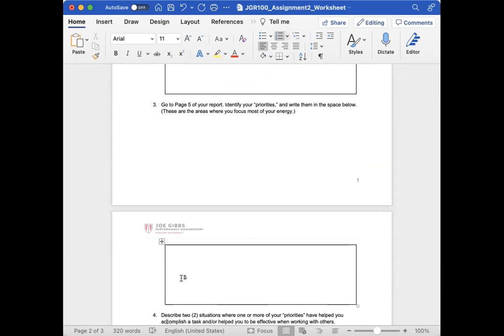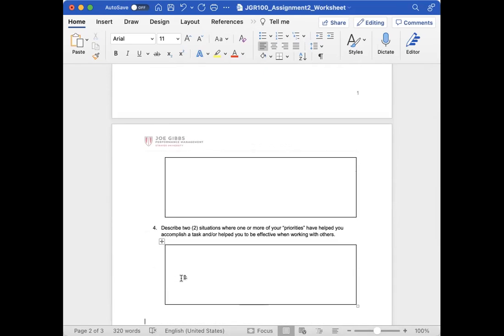Number 3 says, go to page 5 of your report and identify your priorities, then write them in the space below. So what did the report say your priority areas should be and where you should be focusing? You would go to page 5 of the report and capture that information.